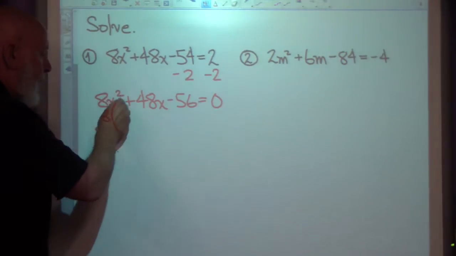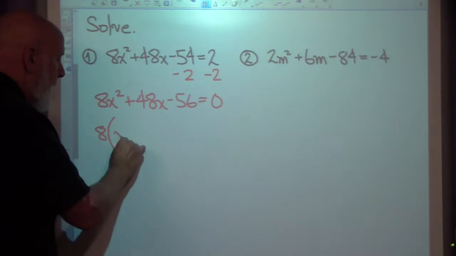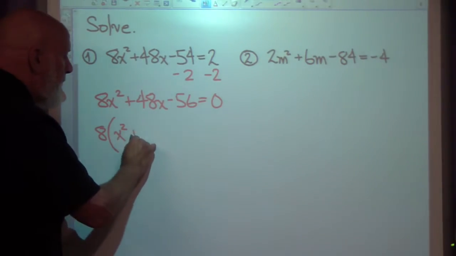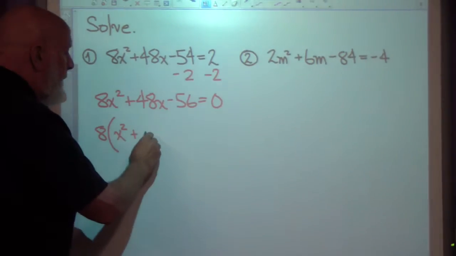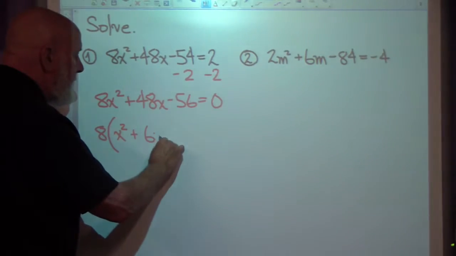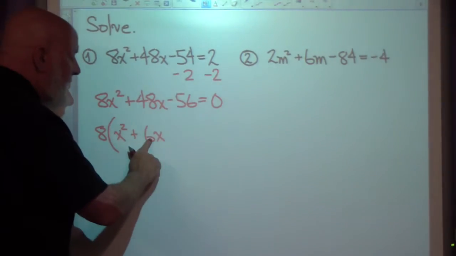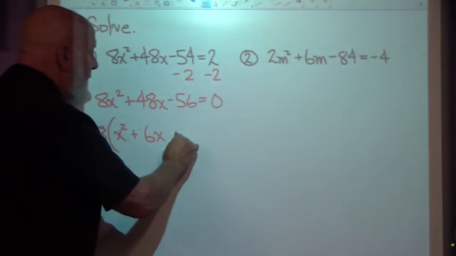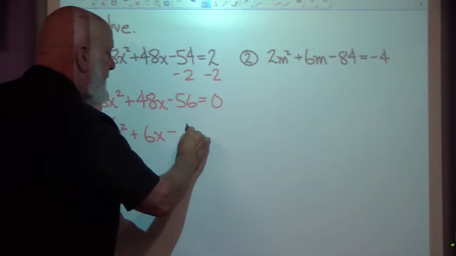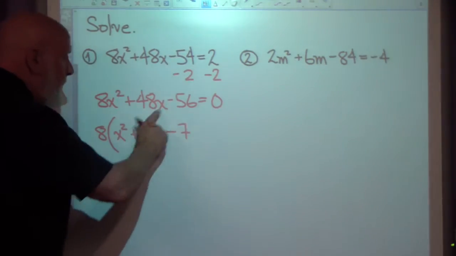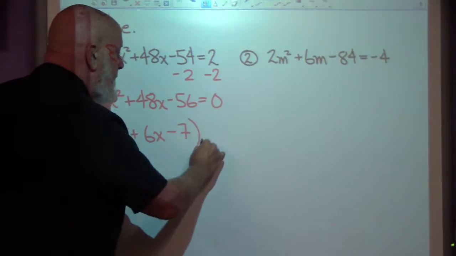So if I divide this by 8, I'm going to wind up with x squared. Plus, if I divide this by 8, I'm going to wind up with 6x. 48 divided by 8 is 6x. Minus, if I divide this by 8, I'm going to wind up with 7. Now, I just left the plus or minus signs in place.